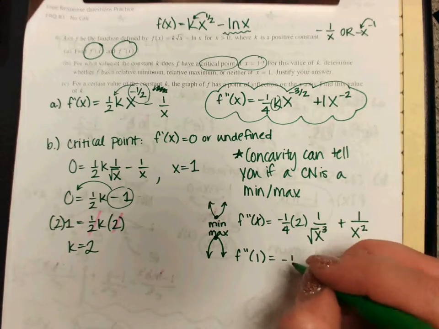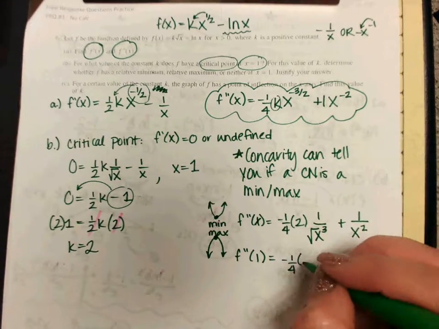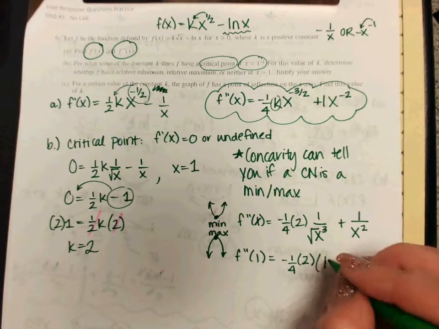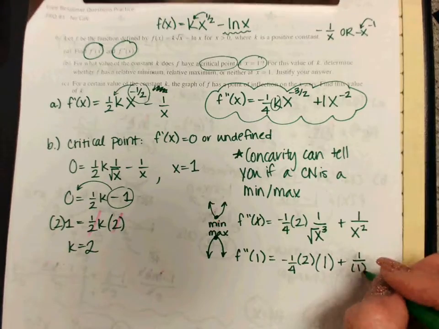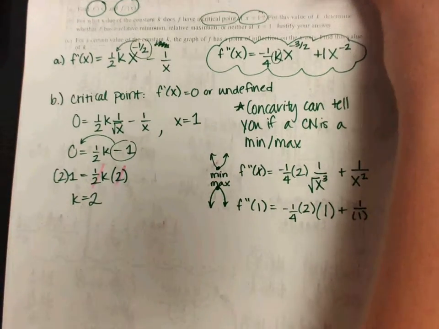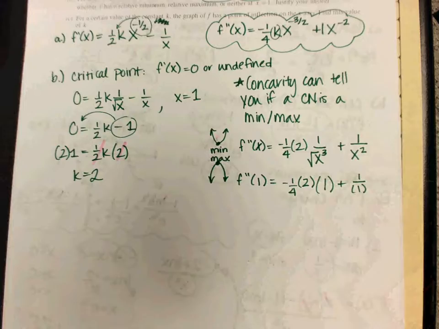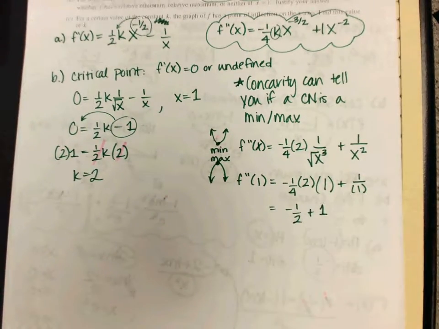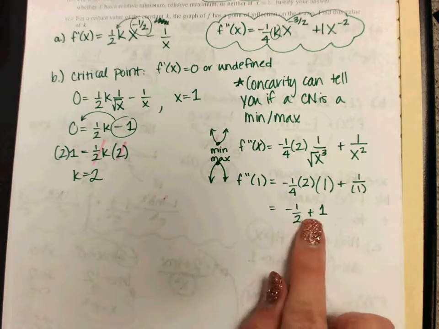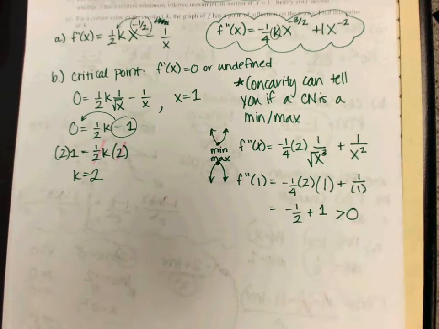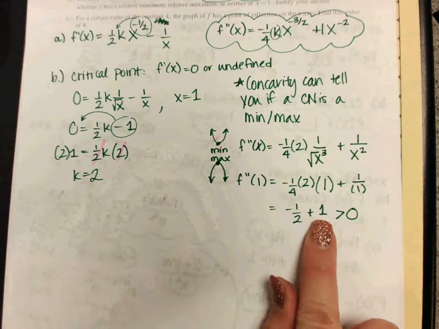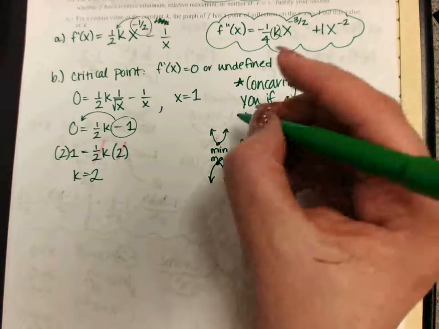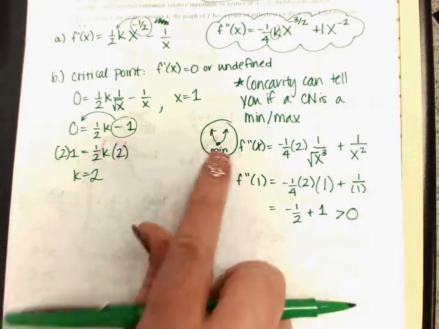So this is negative a fourth times 2 times 1 over 1 is just really a 1, plus 1 over 1, which is really just a 1. So a fourth times 2 is negative a half, plus 1. Overall, if I do negative a half plus 1, that is positive, because the 1 is bigger and it was positive. So that tells me that my graph is concave up, and remember that if my graph is concave up, it must have a minimum.